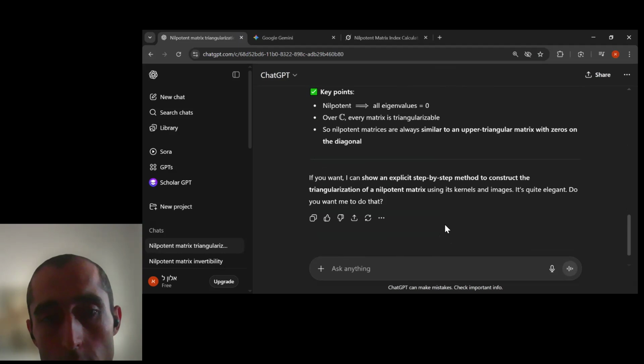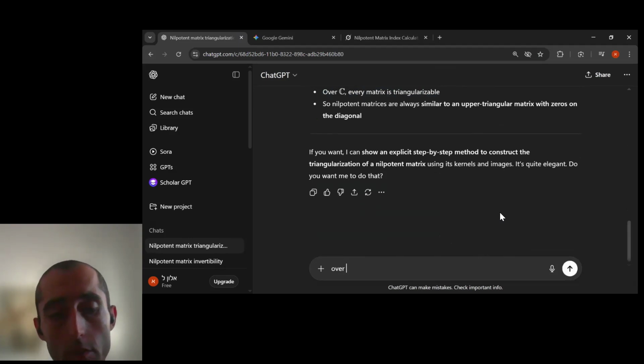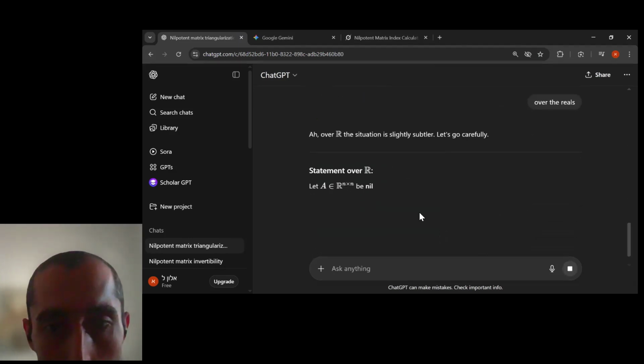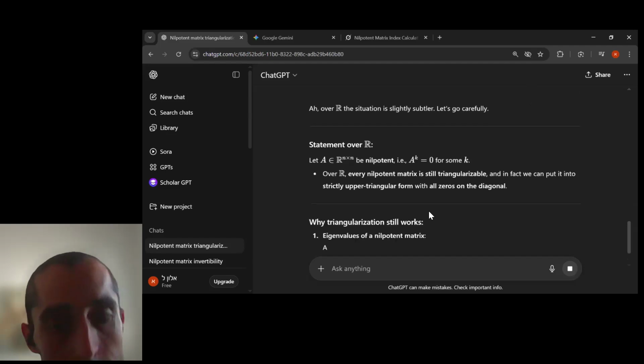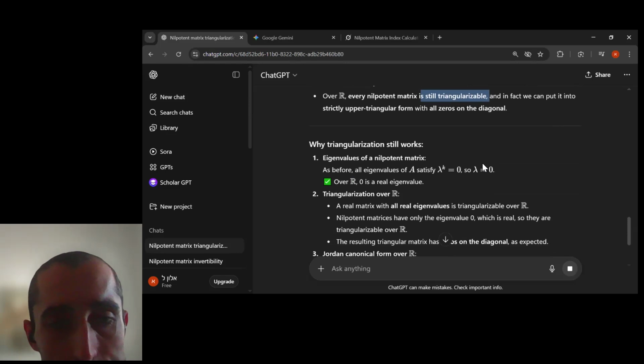No, but I want it over the reals. Over C, every matrix is triangularizable, so it's not helping me. But over the reals, we can see that it's still triangularizable.